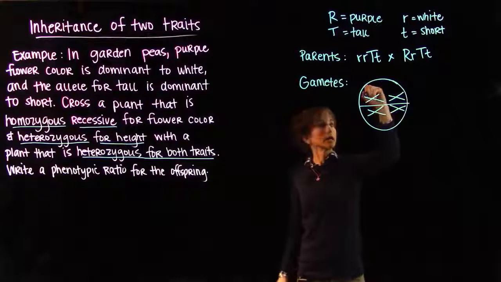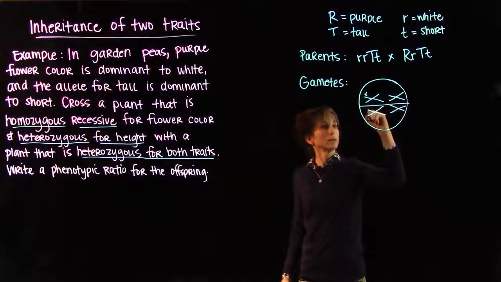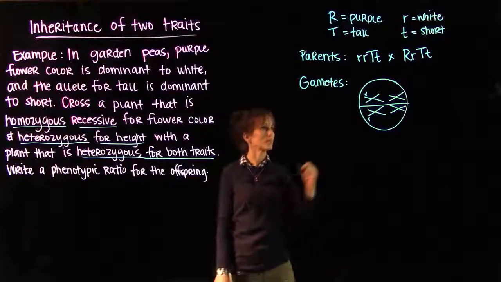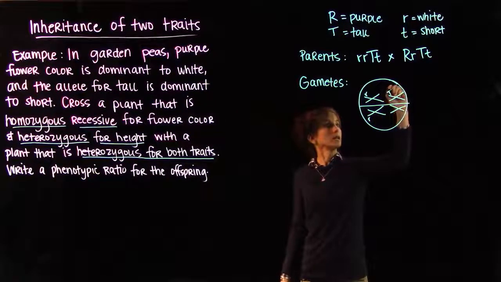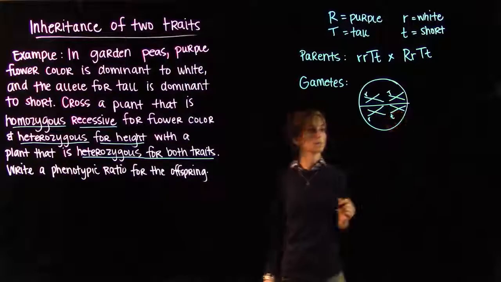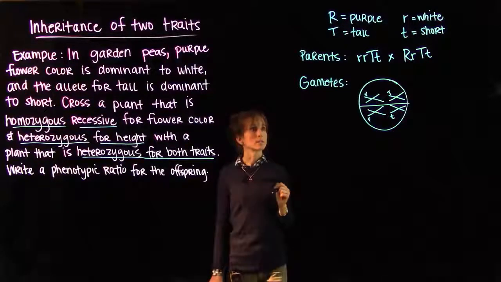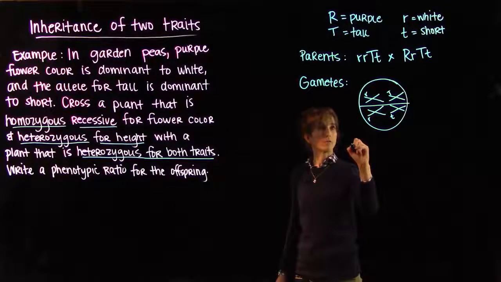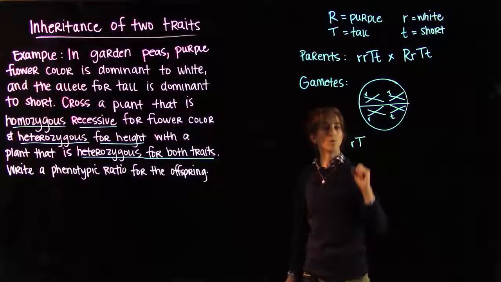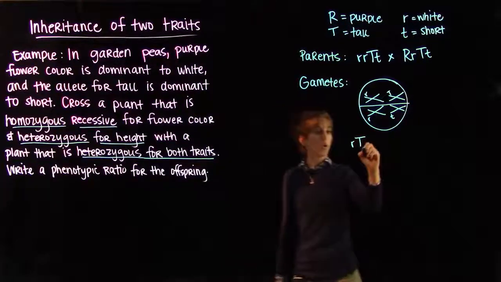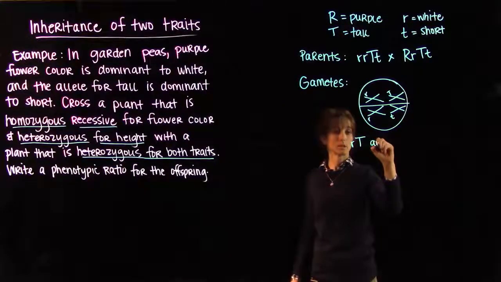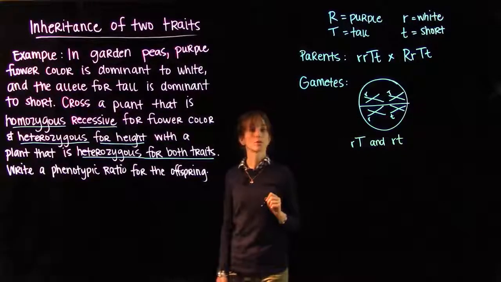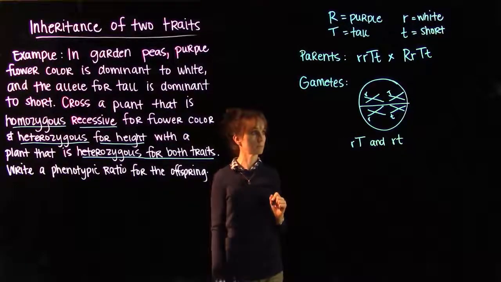So if there is a little r on that chromosome, there is a little r straight across from it. If there is a big T on this chromosome, there's a little t across from it. So what we can see is that parent 1 is going to produce gametes that have a little r with a big T, and little r with a little t.